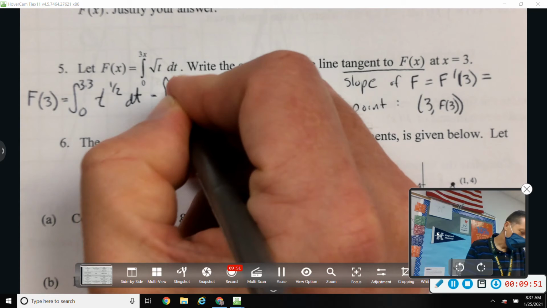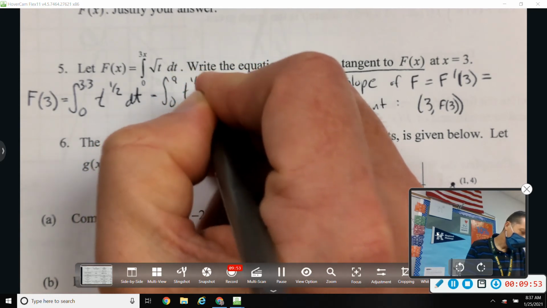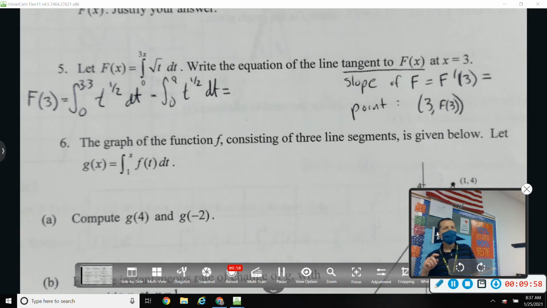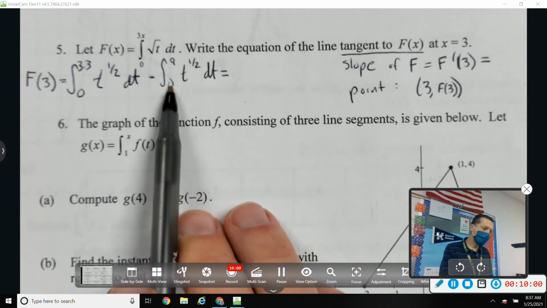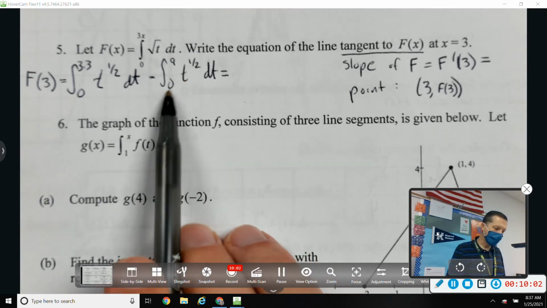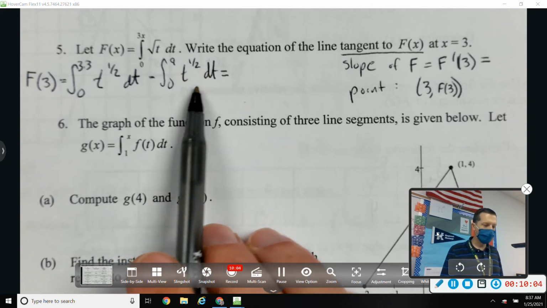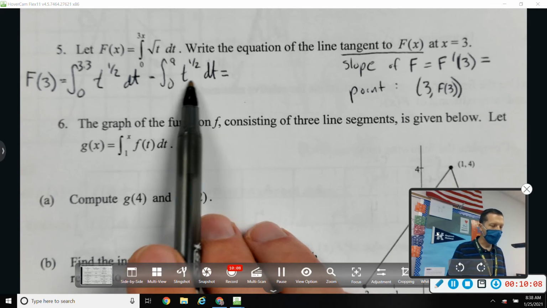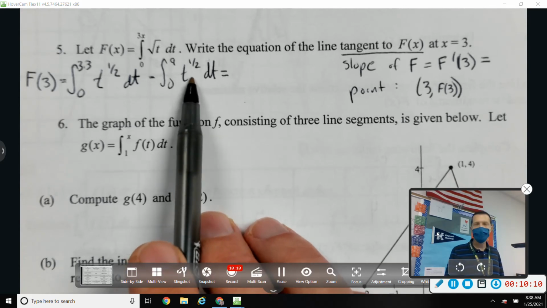So the integral from 0 to 9 of t to the 1/2. So this one is, we've done this before. It's area under the curve, but I don't want to do area under the curve because I know what the curve looks like, but I don't know any geometry that would help me with the area under that curve.